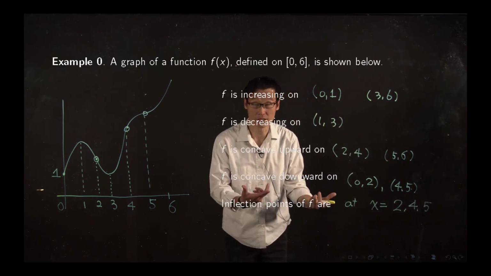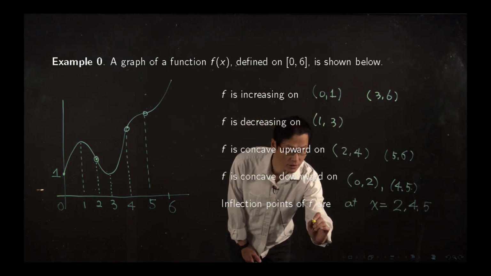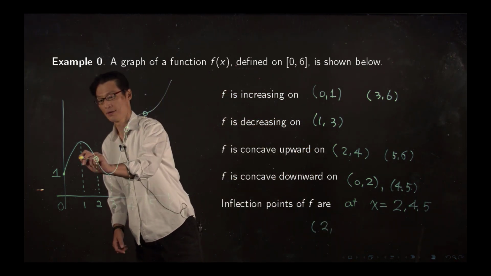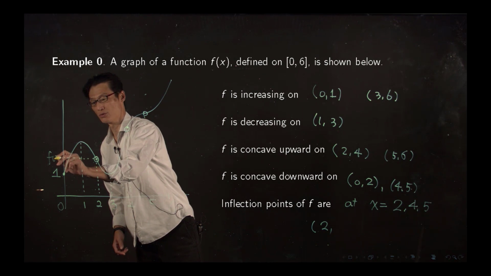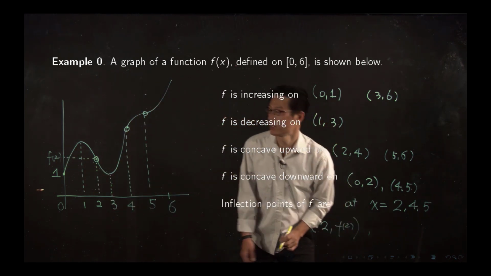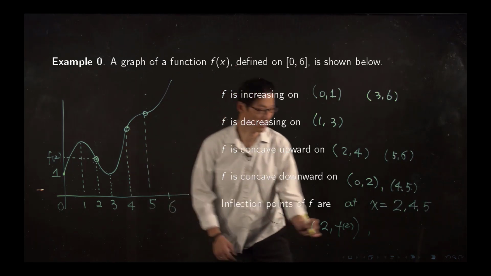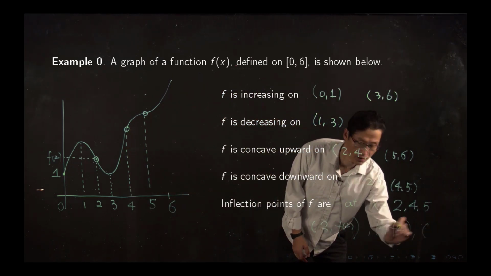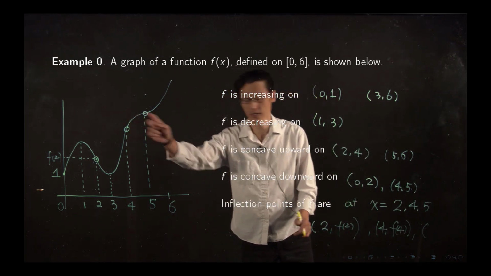Or you can indicate the point itself. So 2, comma, f of 2, and then 4, comma, f of 4, then 5, comma, f of 5.